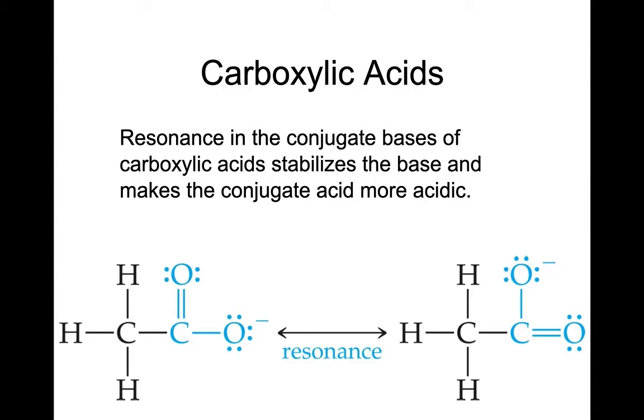Carboxylic acids occur when there's resonance in the conjugate bases, and this stabilizes the base and makes the conjugate acid more acidic. So for example, these are two resonance structures of this acid, and the fact that there are resonance structures in this compound means that the conjugate base is more stable, and as a result, the conjugate acid is more acidic.